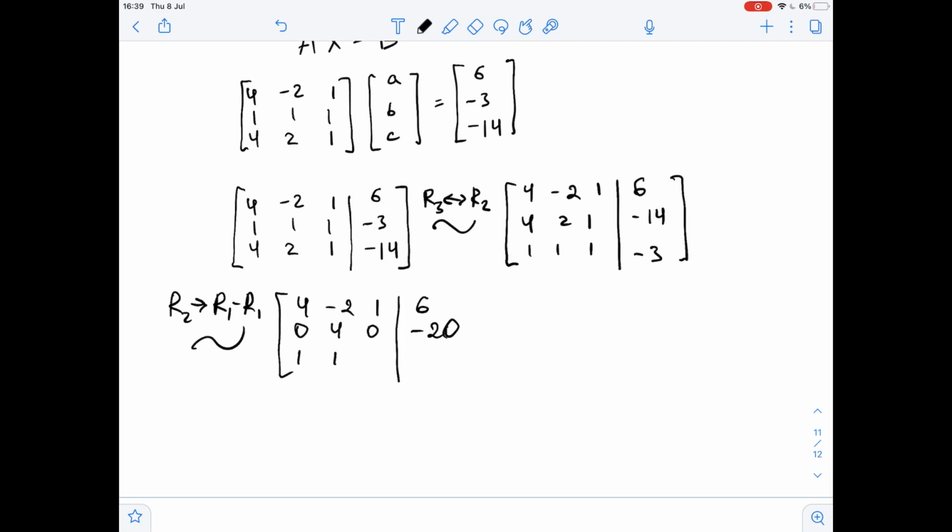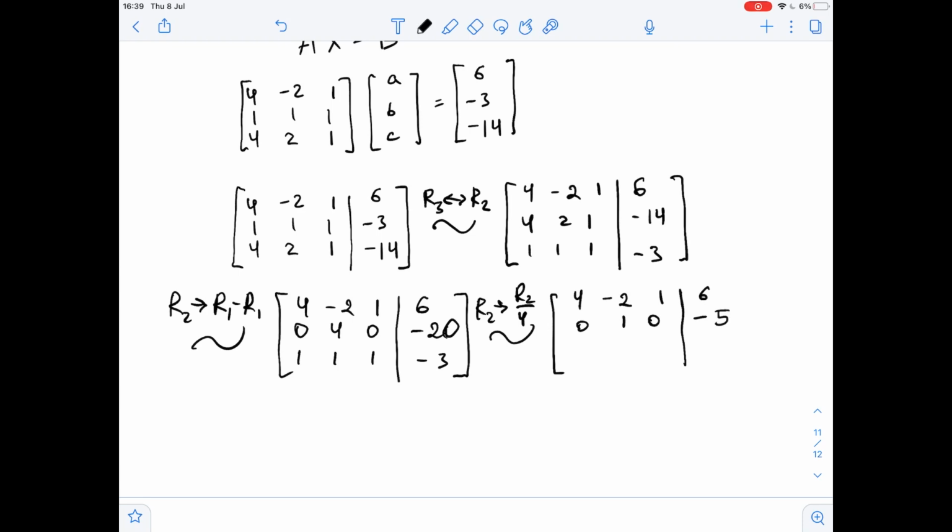The third row stays the same. Now we will divide our second row by 4, so row 2 becomes row 2 over 4, and we get 0, 1, 0, -5.